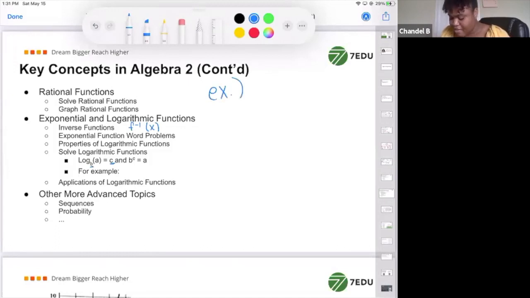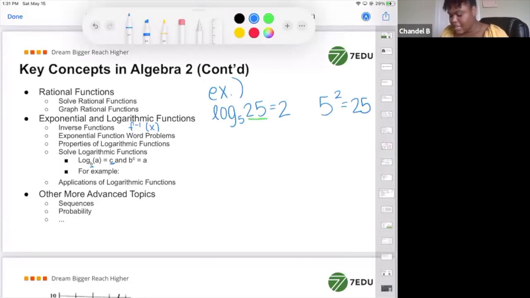If I have log base 5 of 25 equals 2, then that means that 5 squared equals 25. You take the little number and you take the number we equal it to, and that will equal this number right here.